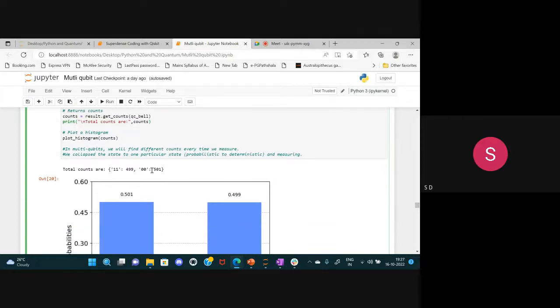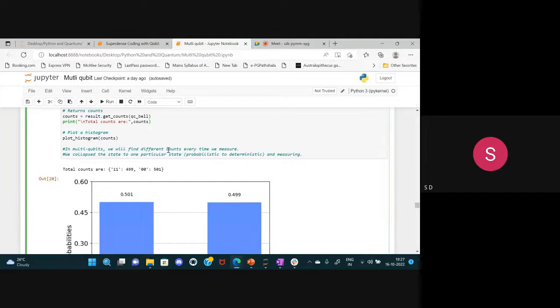In this circuit, we ran 1000 shots: the state 11 came 499 times, and the state 00 came 501 times.